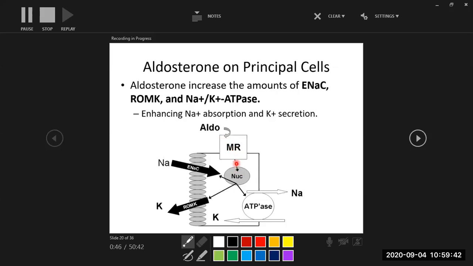When it's activated, it causes gene expression to produce more of these transmembrane proteins, including ENaC, ROMK, and the ATPase. So the consequence is that aldosterone will enhance sodium reabsorption and potassium secretion. You probably want to bold these two phrases: sodium reabsorption and potassium secretion. That is the consequence of aldosterone.